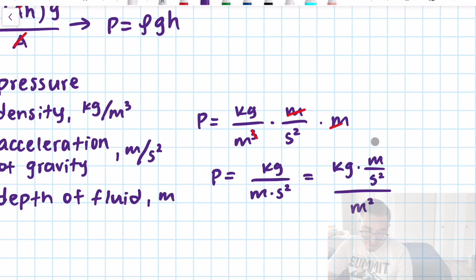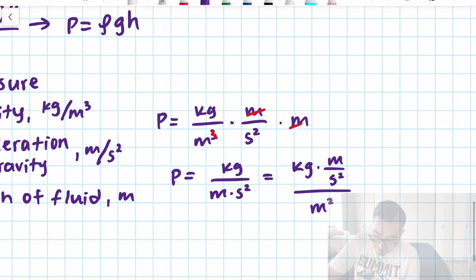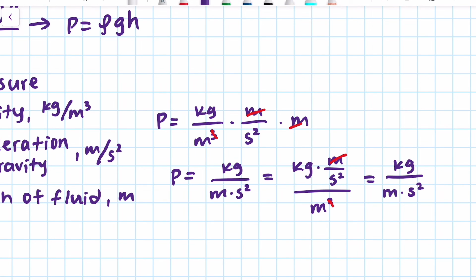And if we compare this to the units of pressure, newtons over meter squared, this is mass times acceleration, force, right? And this meter will cancel the square, and we end up with kilogram over meter times second squared, which is a Pascal. So everything works out. That's it.